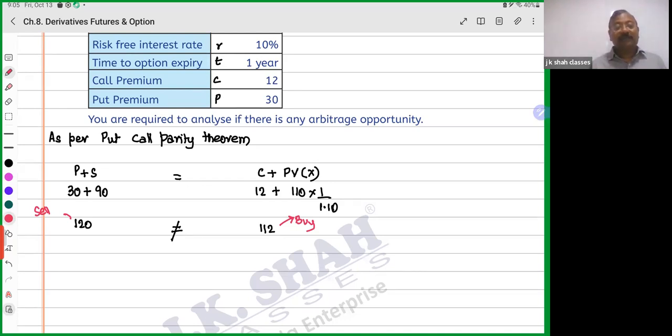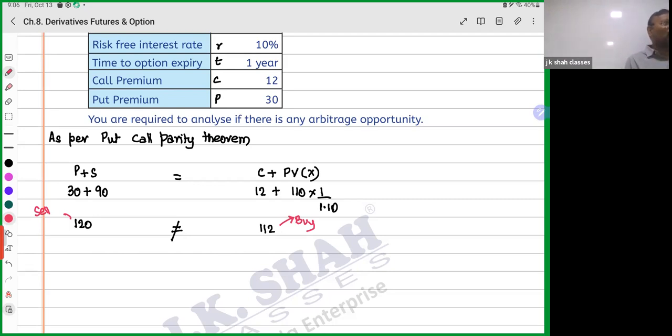P and C, do we mean their premiums or their inflow as on expiry? No, no. P and call are the value of the call and put today. Because understand, the put call parity model, P plus S equals call plus PV of X, when?